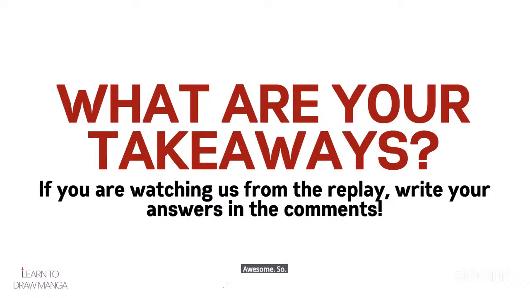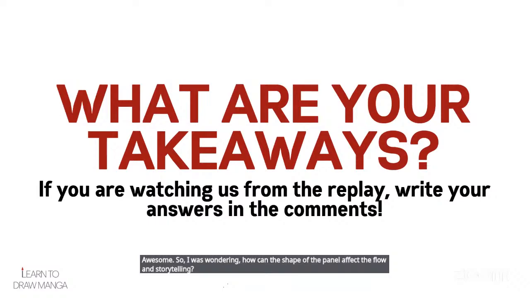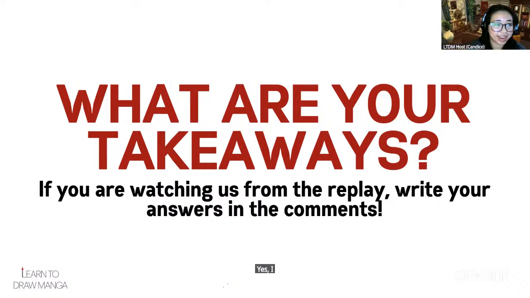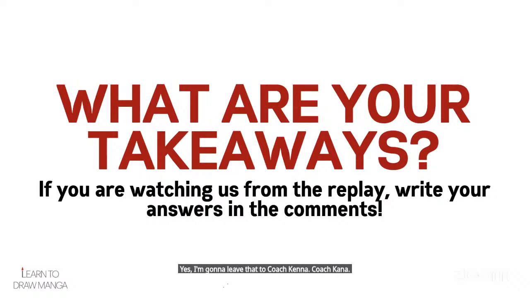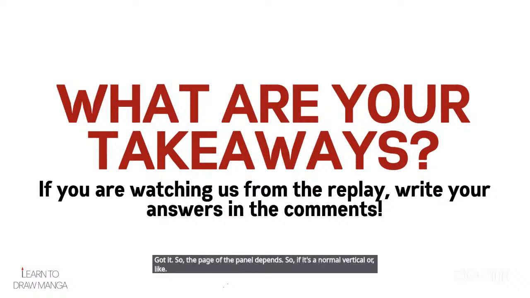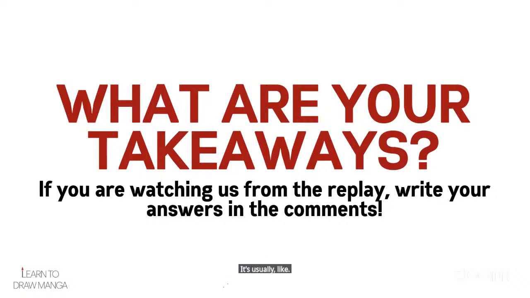So I was wondering, how can the shape of the panel affect the flow in storytelling? Yes, I'm gonna leave that to Coach Kana. Got it. So the shape of the panel depends. If it's a normal vertical or straight panel, it's usually a normal pacing. However, if you put it diagonally, it shows action or movement.